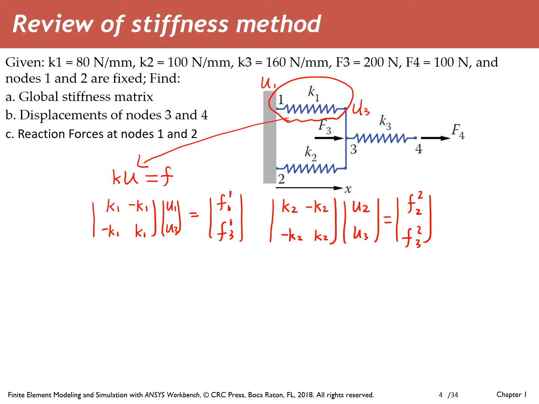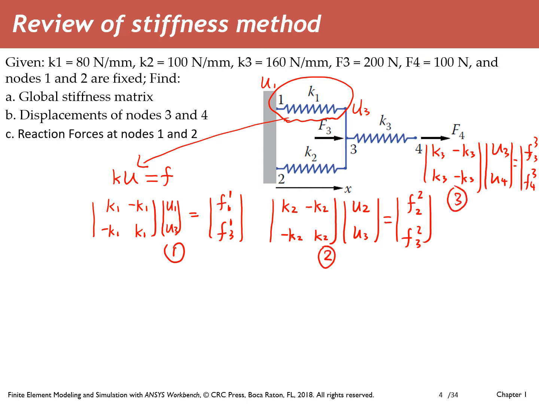And the last element, which is K3, has a similar equation, and we'll move a little bit to the top because there's not much space. [K3, -K3; -K3, K3] times U3, U4, which are the nodes for spring 3, equals the nodal forces F3, F4, of course, for spring 3. Okay, and then we have these 3 local equations.